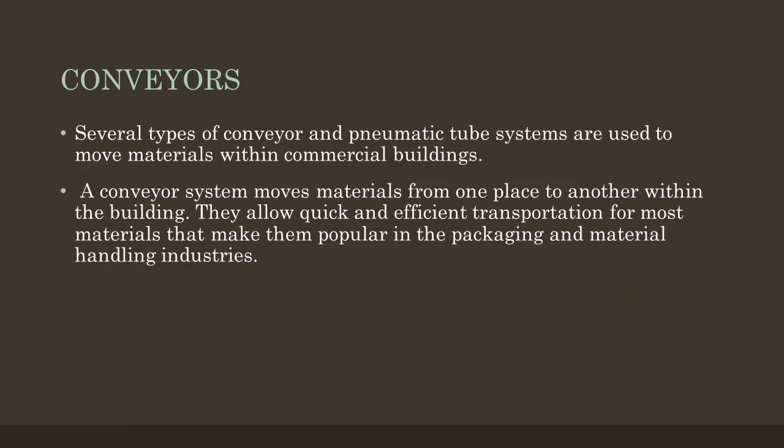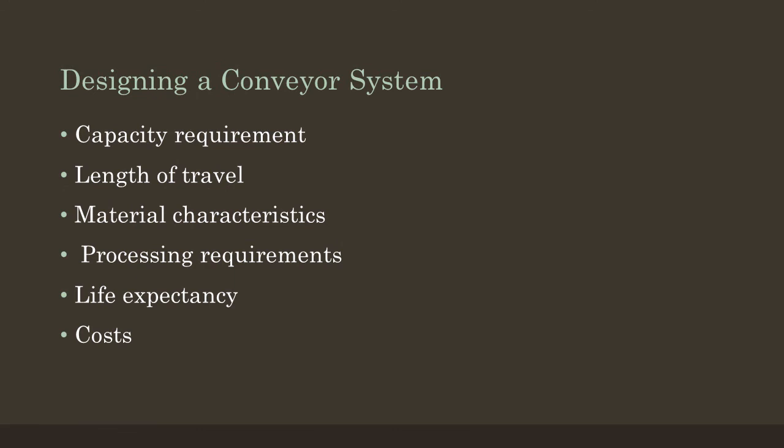Conveyor systems move materials from one place to another within the building. They allow quick and efficient transportation for most materials, which makes them popular in the packaging and material handling industries. In designing a conveyor system, here are the things that need to be considered: capacity requirement, length of travel, material characteristics, processing requirements, life expectancy, and cost.